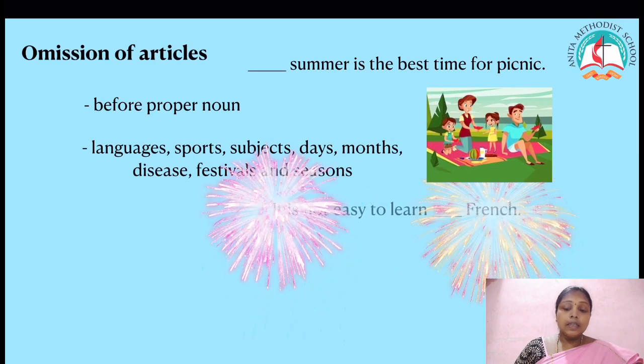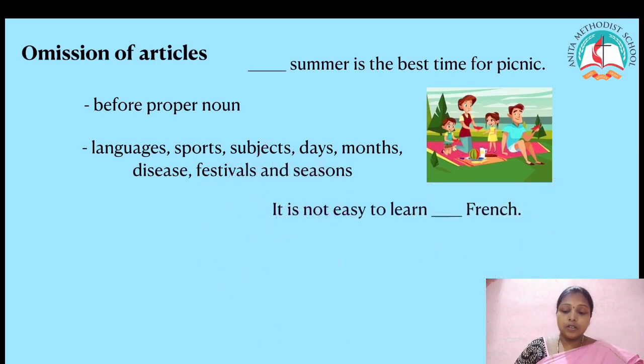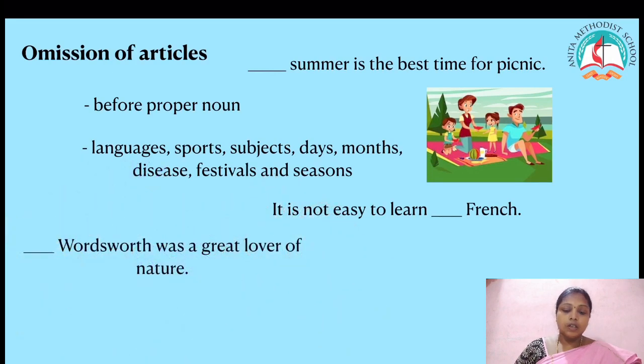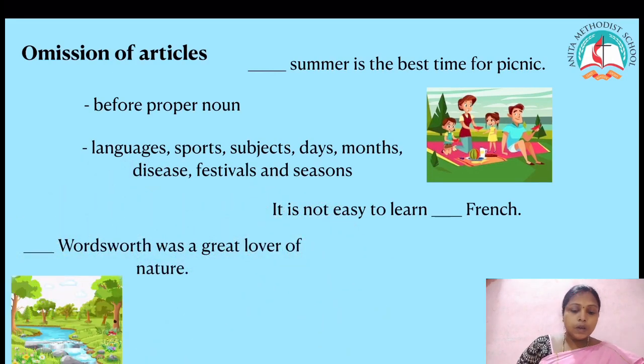The next example: It is not easy to learn French. Again, French is a subject. We should not use an article before a subject. The next example: dash Wordsworth was a great lover of nature. Here again, Wordsworth is a name, a proper noun.